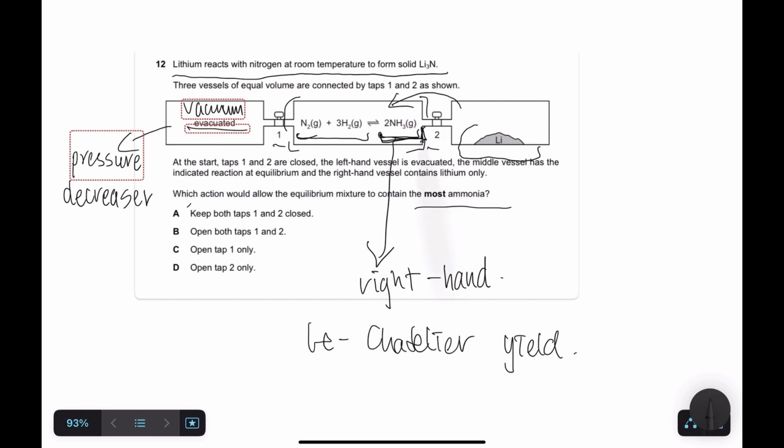Therefore, if we open tap 2, lithium would react with nitrogen, so we shouldn't open tap 2. Also, there are 4 moles of gases on the left side and 2 moles of gases on the right side. So if we decrease the pressure, the yield would decrease because the reaction would go in the backward direction. Therefore, we should keep taps 1 and 2 both closed, and the answer is keep both taps 1 and 2 closed.